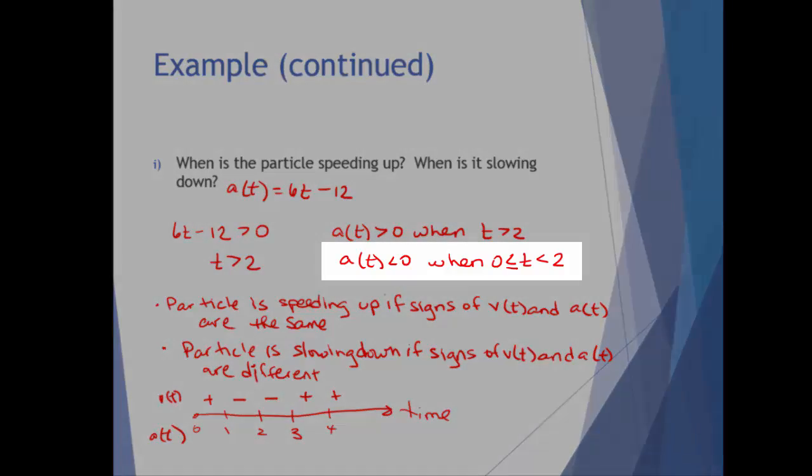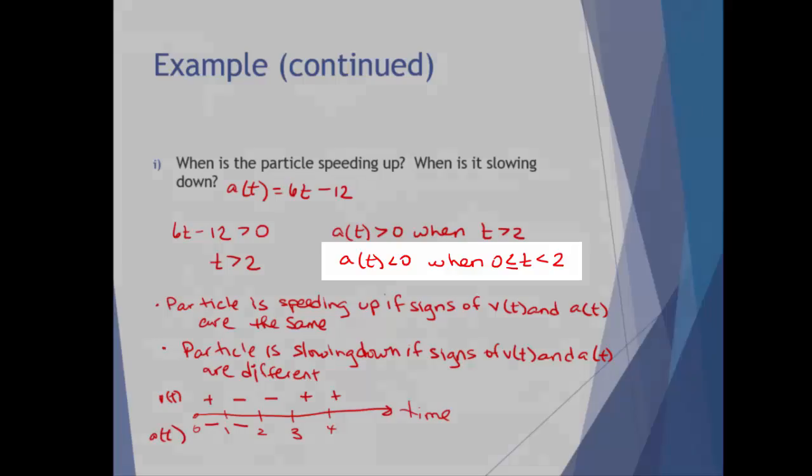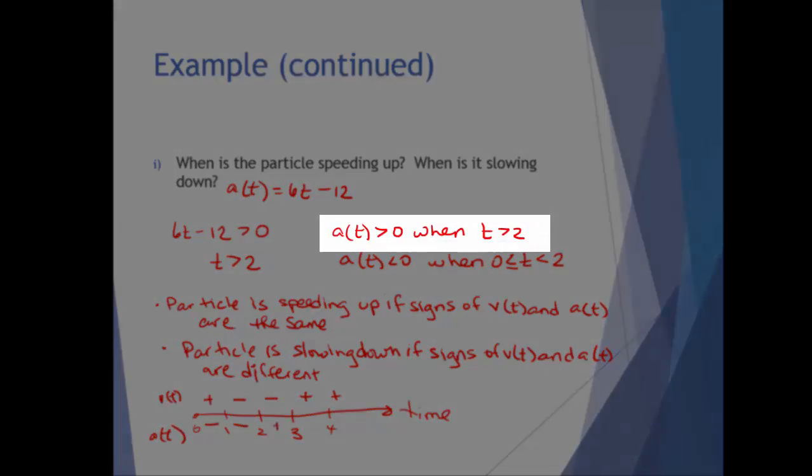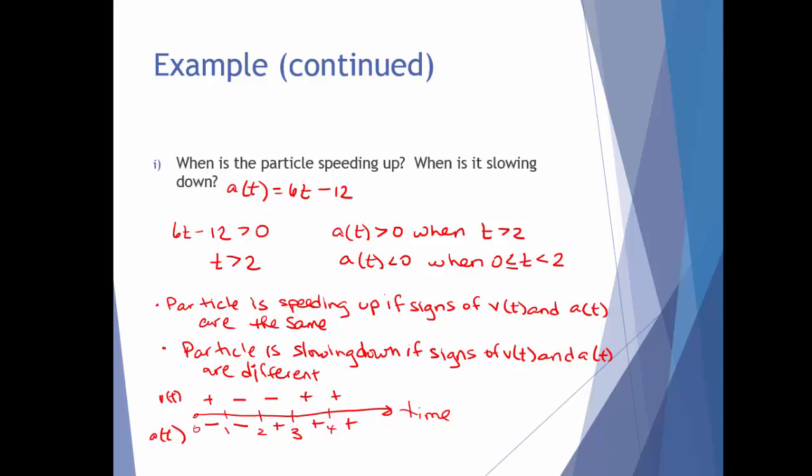The acceleration is negative for all times between 0 and 2, and then it's positive for all times beyond 2. So what I notice is the following. The signs of my acceleration and velocity are different between 0 seconds and 1 second, and 2 seconds and 3 seconds. In those time intervals, I expect my particle to be slowing down.